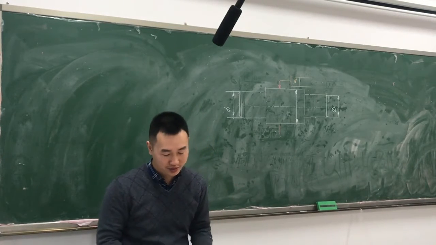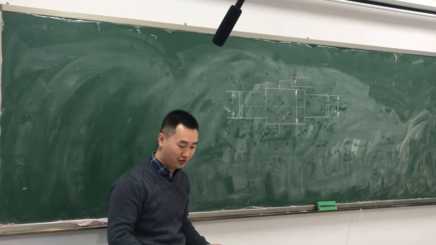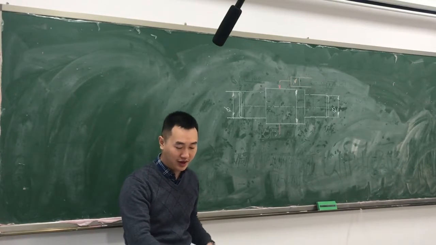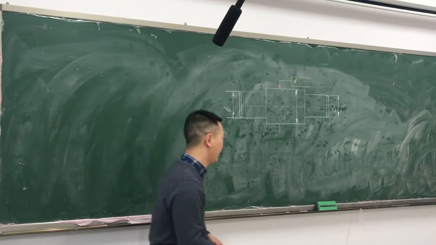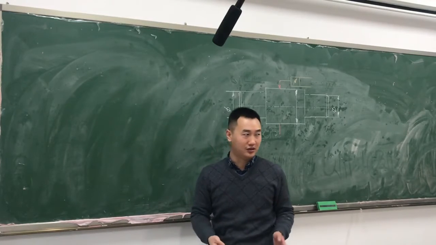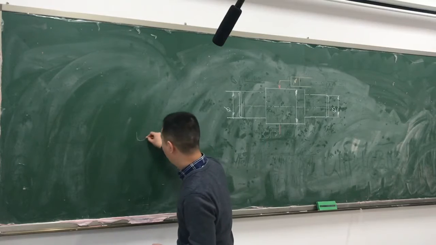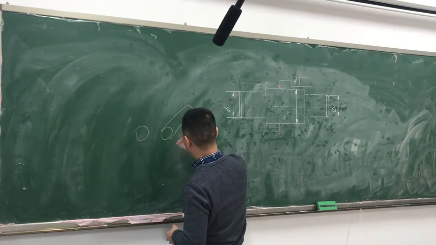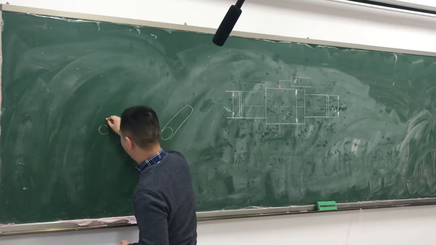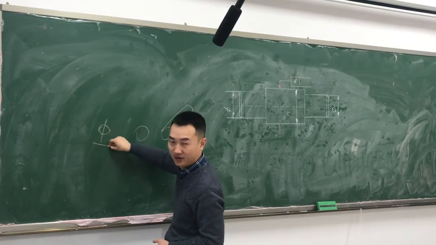So when the tolerance zone is like this, should we put a diameter symbol here? As I have stated, only when the tolerance zone is a circle or a cylinder, we should put a phi before the tolerance value, right?